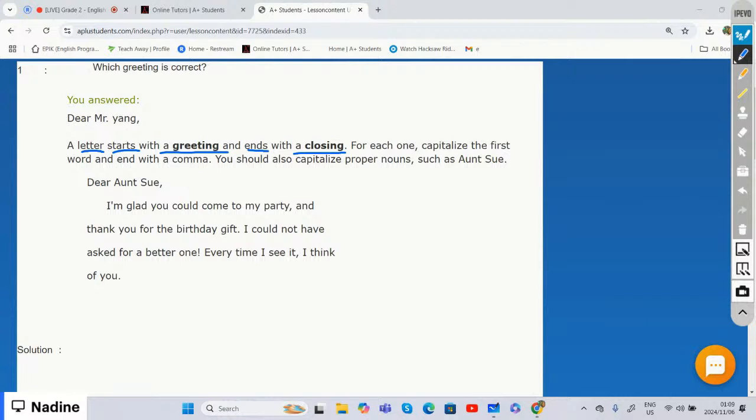And for each one, whether it is the greeting or the closing, we need to capitalize the first word and we end with a comma.